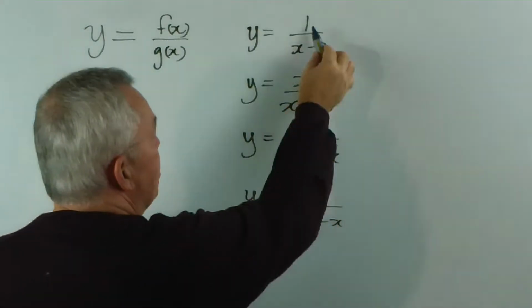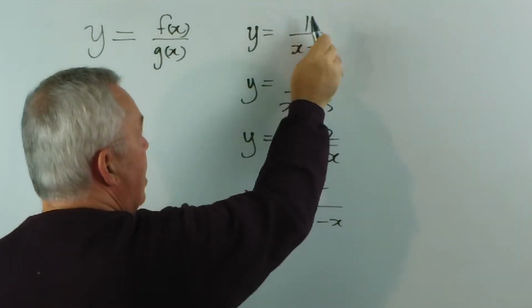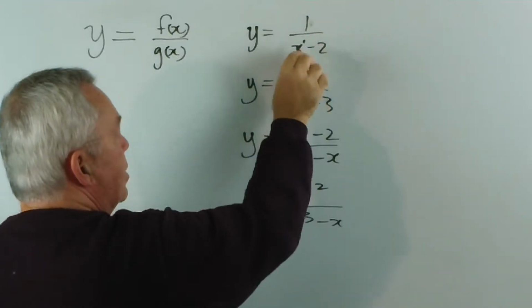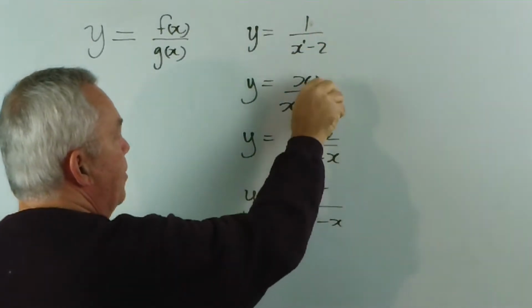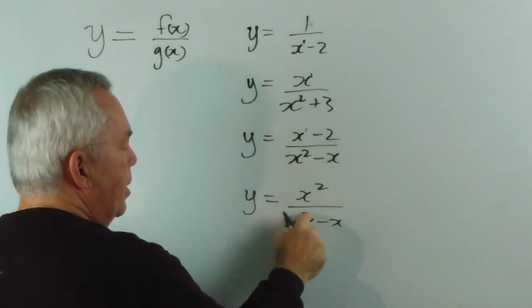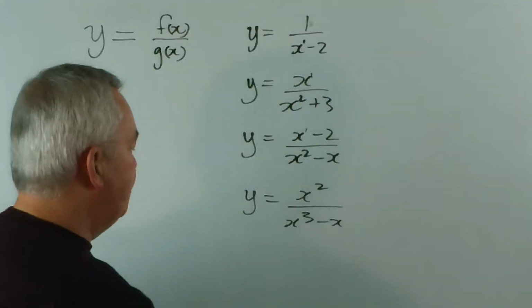In all of these, you can see that the degree of the polynomial on the top, here its degree of 0, is less than the degree 1 underneath. Here we have degree 1 and degree 2, degree 1 and degree 2 and degree 2 and degree 3, but always a lesser degree on the top.